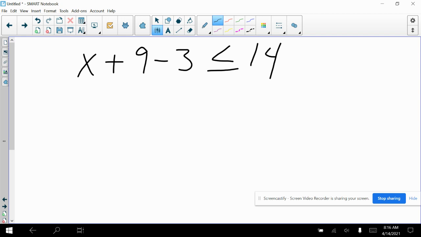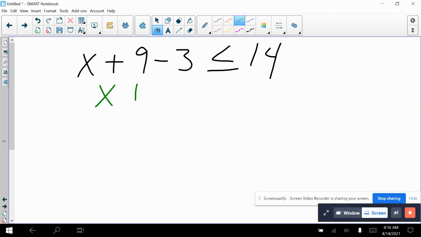Kayon, do you remember? Combining like terms. You got the same pieces of fruit over there on the left side: a positive 9 and a negative 3. Before you do anything, you got to simplify that. So we should get x plus 6 is less than or equal to 14. So that's one extra step.